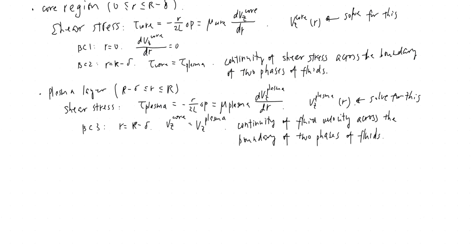Now let's look at the fourth boundary condition. This is at r equal to capital R, and Vz plasma is 0. This is the no slip boundary condition.